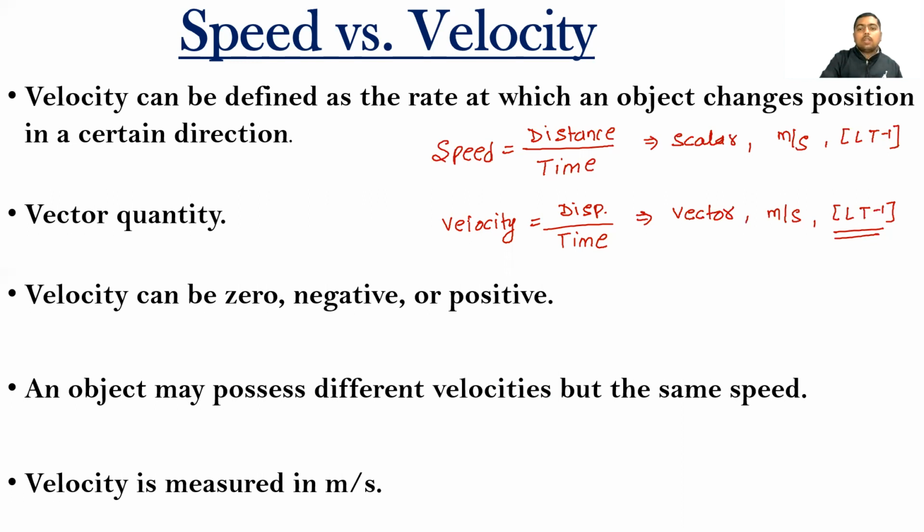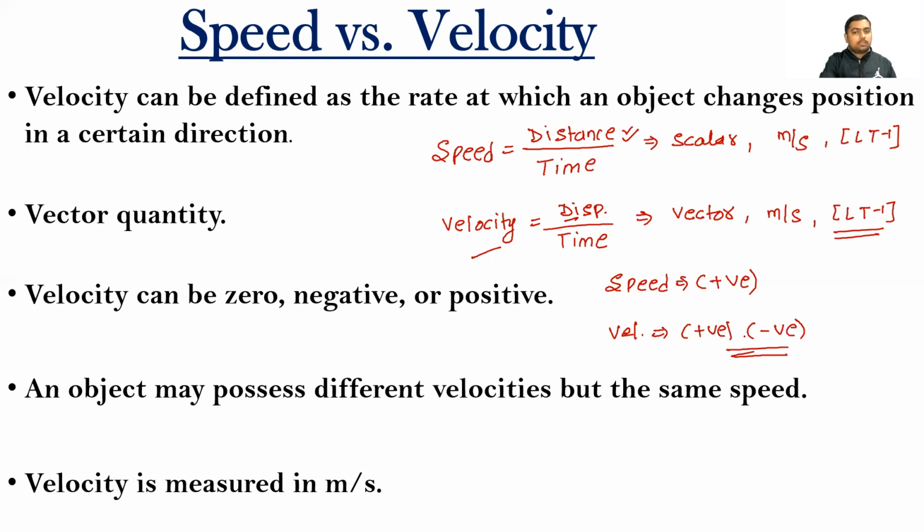We all know distance is always positive when we are in motion, so speed is always positive. But velocity depends on displacement, so velocity can be a positive quantity or a negative quantity, depending on direction. When we are moving in the opposite direction, velocity is taken as a negative quantity.